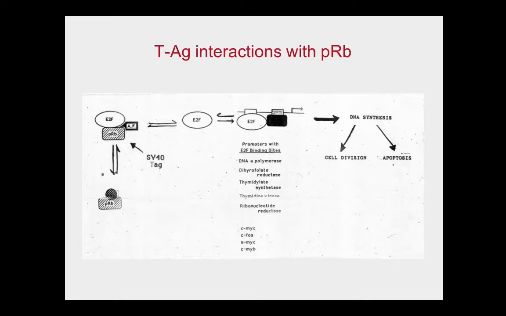So one of the things that T antigen does is it actually binds the retinoblastoma protein, which releases a transcription factor called E2F, which tends to send cells into cell cycle. So that's how it is tumorigenic in the typical setting where T antigen integrates into the normal genome.